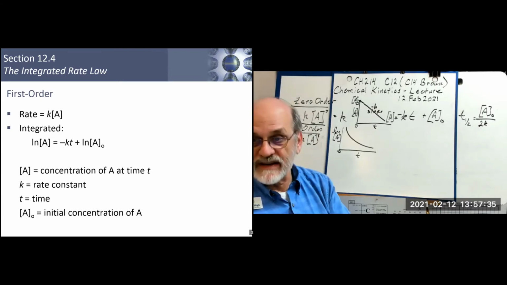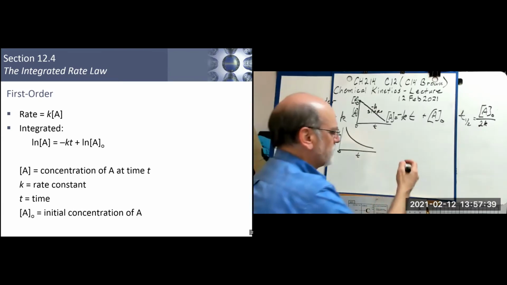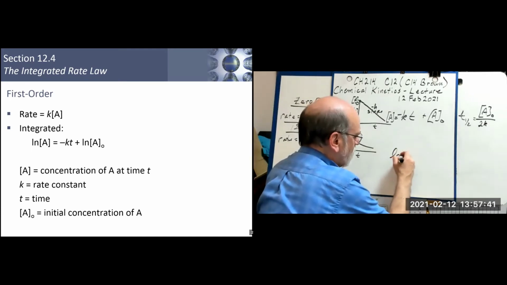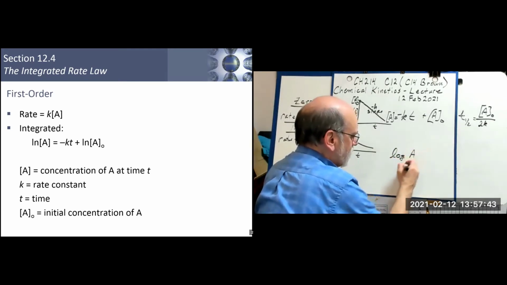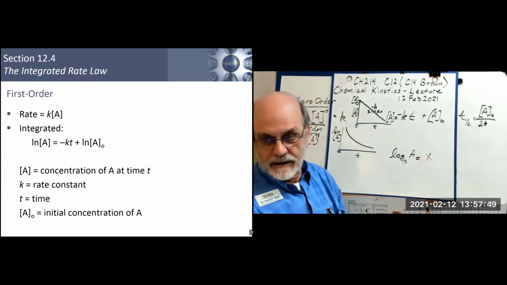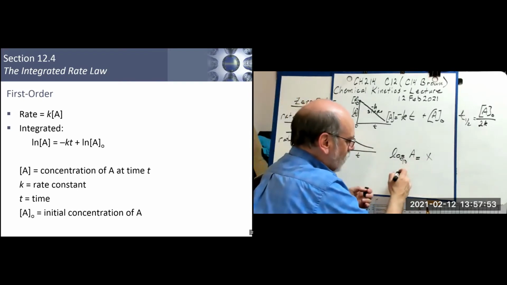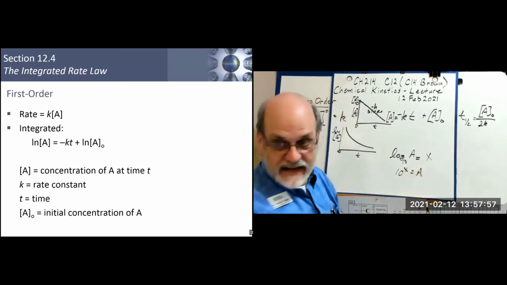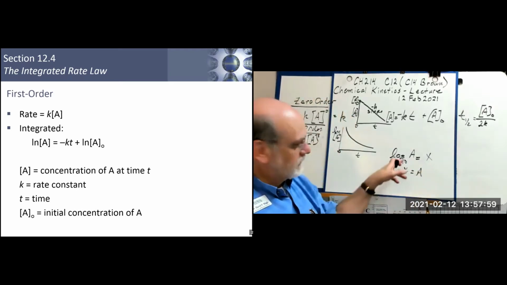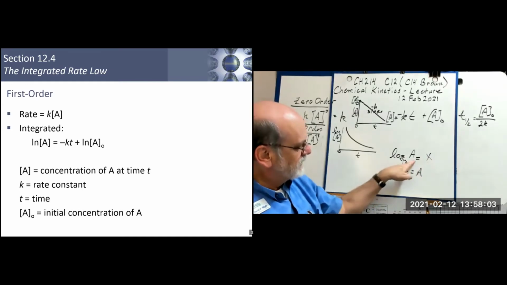Common logs are base 10. You remember the definition of a log. The log of A, base 10, is equal to, let's say, x. What does that mean? Well, that means x is the power of 10 that equals A, right? That's what log means. That's the power of this base that equals that.